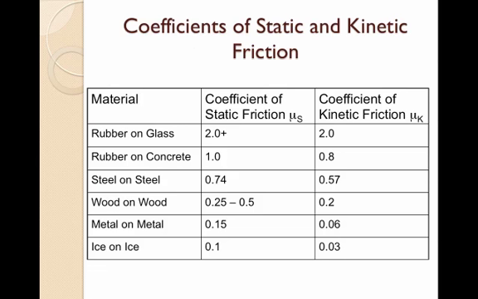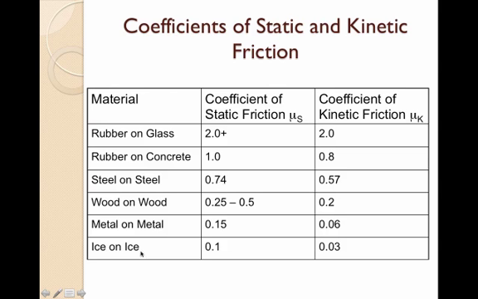Here are some examples of coefficients of static and kinetic friction, and what's important is that you understand that the coefficients vary depending on what the particular materials are that we're working with. So rubber on glass has a much higher coefficient of static friction than something like steel on steel or ice on ice. And so it should make a little bit of sense to you.